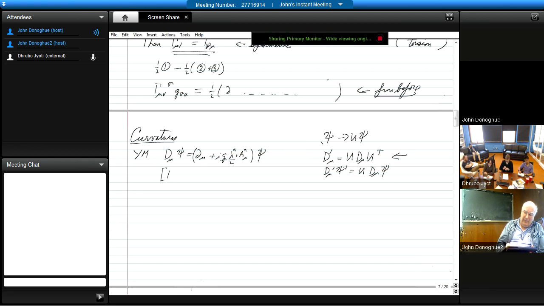Because we had this transformation property, we knew that if we took D mu and commuted it with D nu acting on psi, we just got i g over 2 lambda a F mu nu acting on psi.